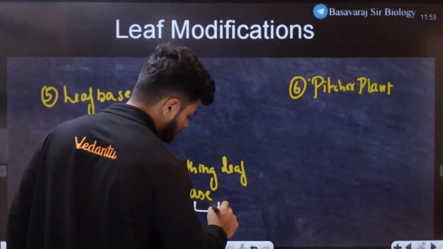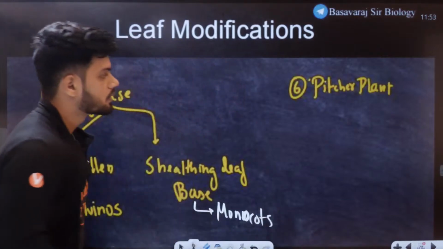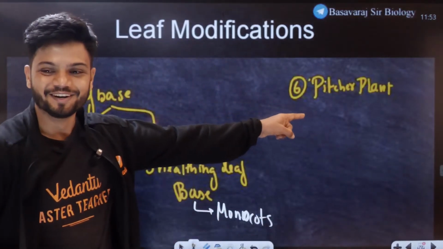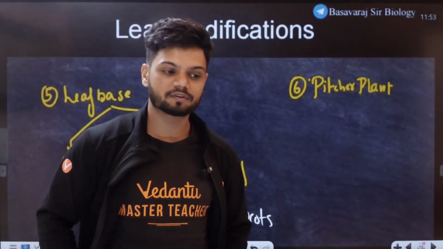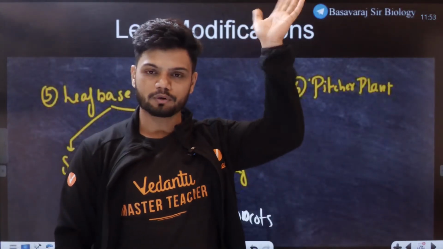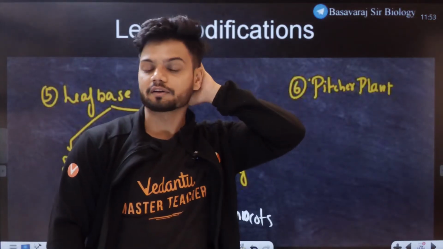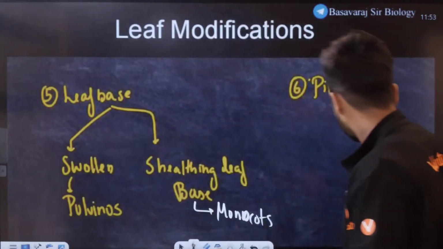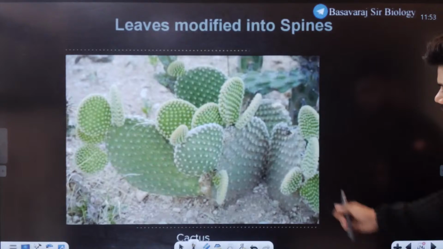In the case of monocots. Pitcher plant. How many of you have seen pitcher plant, students? How many of you have seen pitcher plant in real life? I have seen. Not the cartoon one, in real life. Okay, real life pitcher plant. Okay, this is your tendril. This is the leaf.